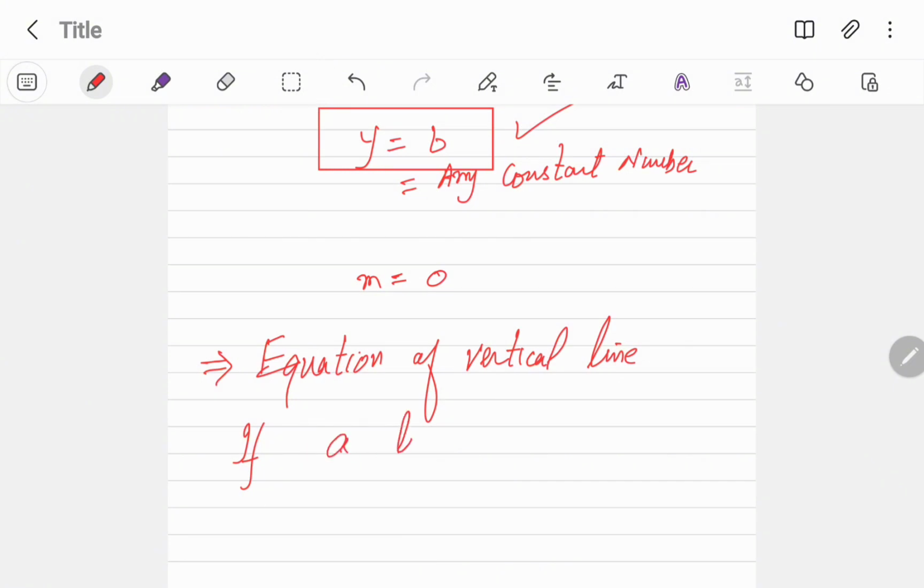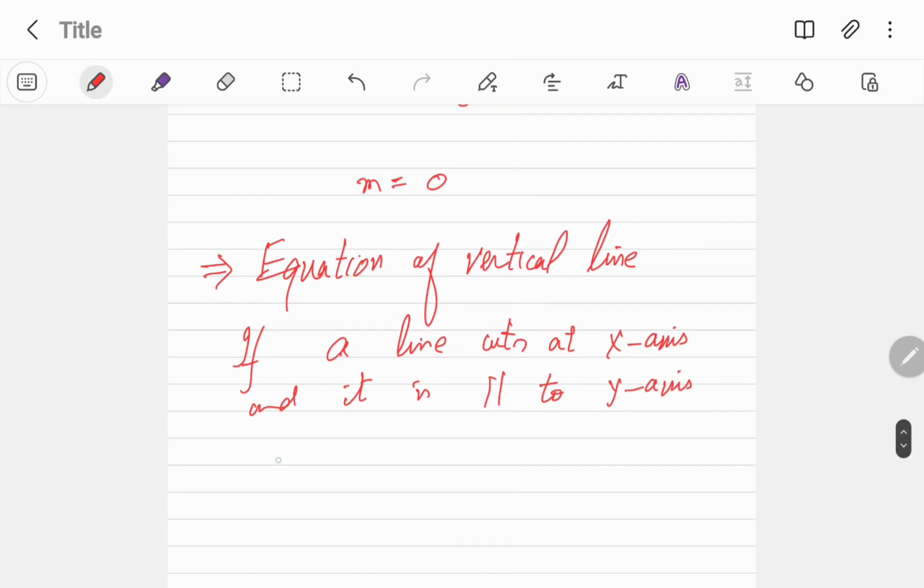If a line cuts at x-axis and it is parallel to y-axis, it is known as the vertical line.